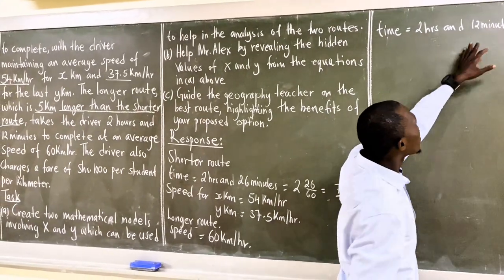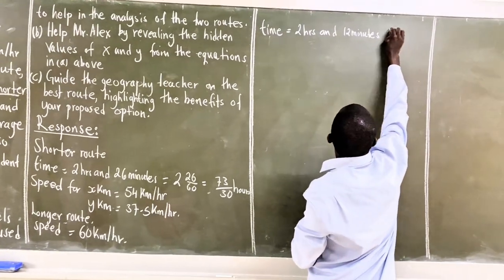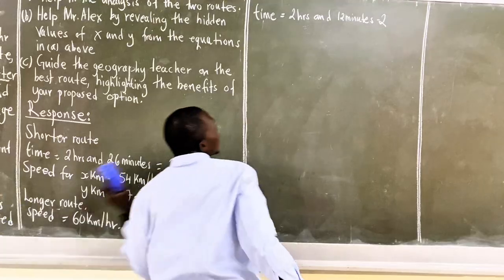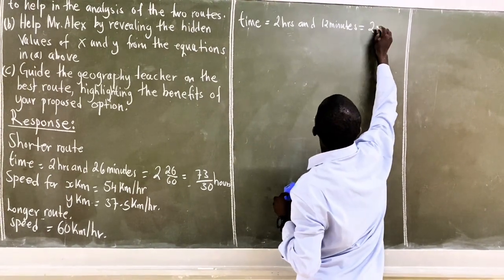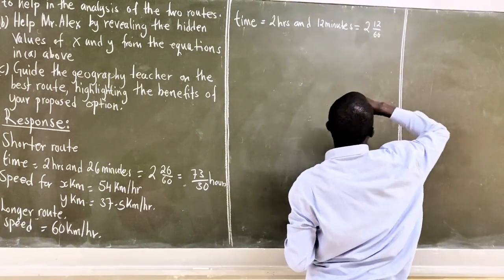So we shall still convert these 12 minutes to hours, and that will give us 2 hours and 12 over 60.